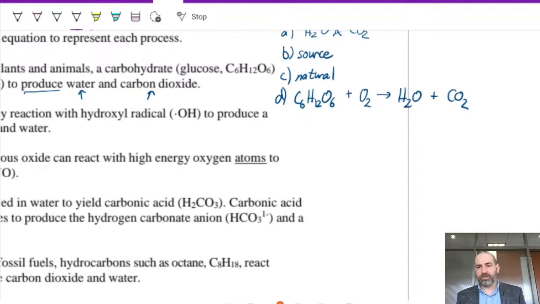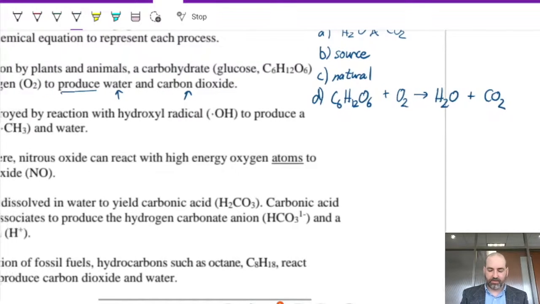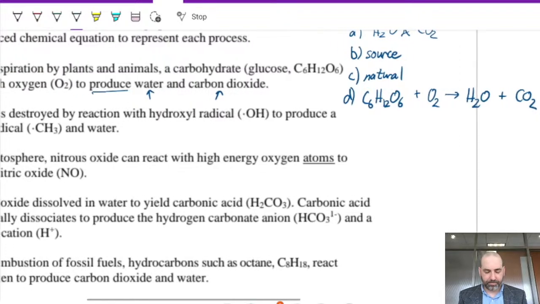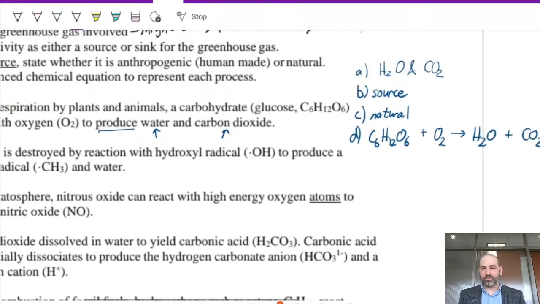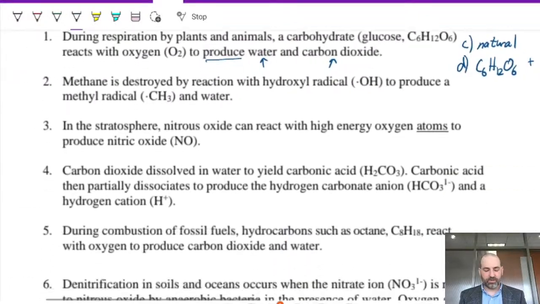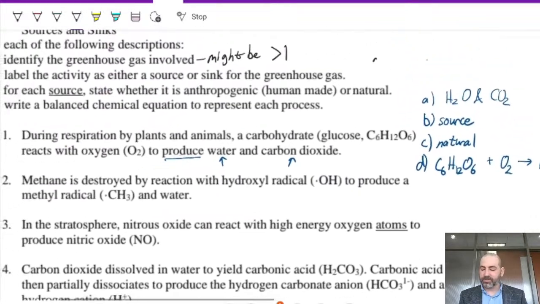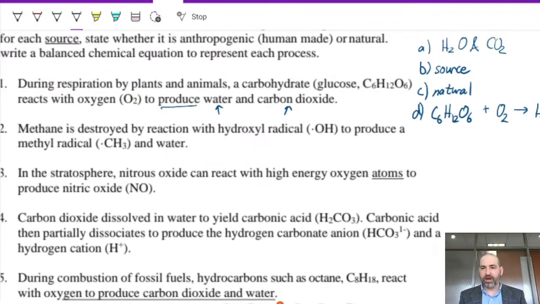All right, so there's an equation. It is not balanced. I'll leave it to you to do the balancing here. But then you can do that for each one of these, and it'll hopefully teach you some stuff about sources and sinks of greenhouse gases, as well as practicing chemical equations.